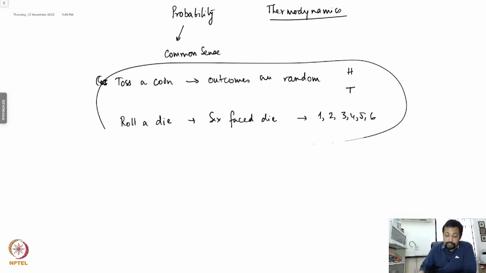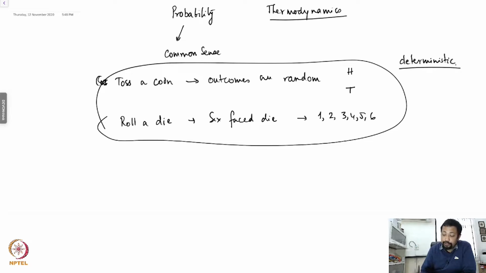So all of this tells you that nothing in nature is deterministic. This is completely opposite of what you have encountered in Newtonian mechanics, where given a single particle and given the forces, you know that the trajectory is completely deterministic and therefore you can determine the trajectory at later times.